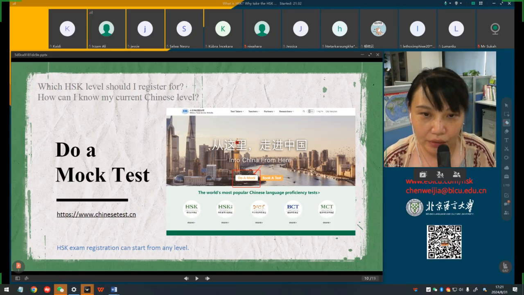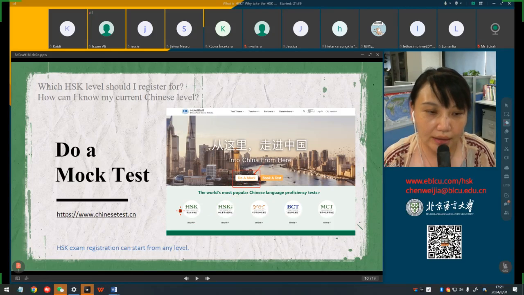Here I give you a picture of the website. You get into the website, choose this, do a mock, and choose different levels. You can just do a free mock test on the website and get an idea of what level you are in right now.